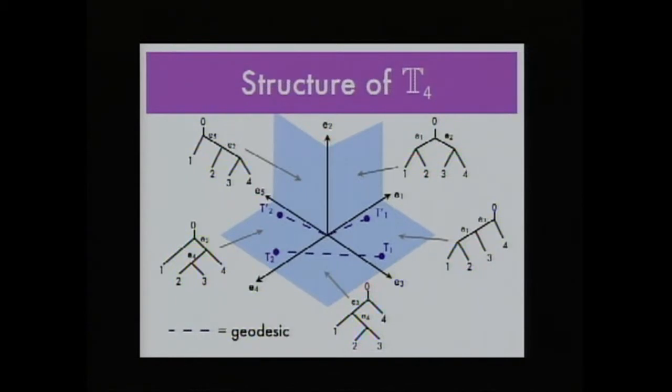It must go through the center. For this reason, we see that this distance depends both on the tree topology and on the edge lengths, in contrast to some other distances for phylogenetic trees that depend just on tree topology. A lot of them define some combinatorial move to go from one tree to another, and you count the minimum number of such moves.